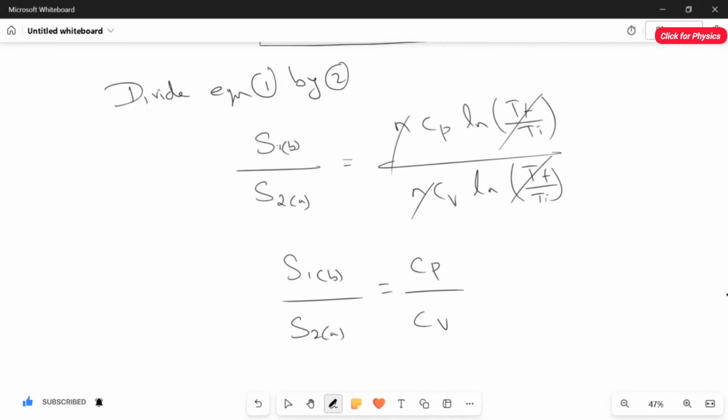Generally, Cp has a greater value than Cv, because at constant volume there is no work done. So constant volume only helps in increasing the internal energy. But at constant pressure, Cp not only focuses on the internal energy, it also deals with the change in volume.